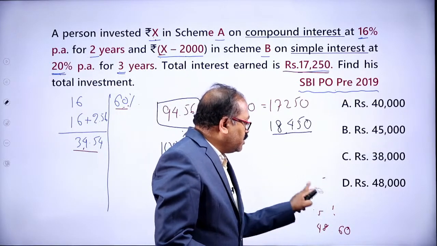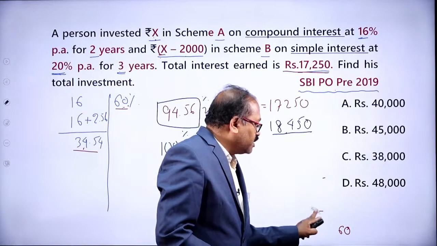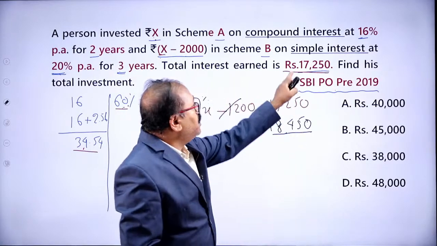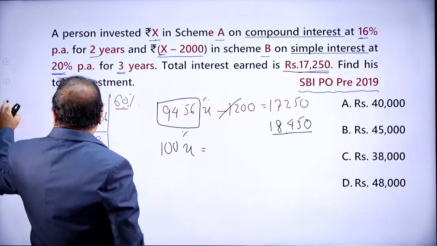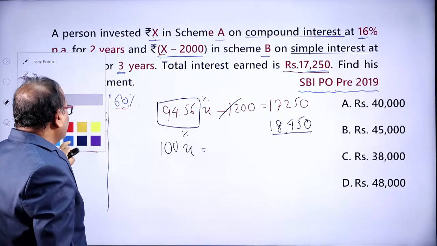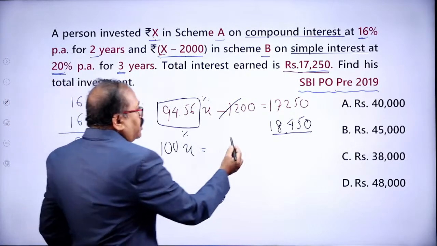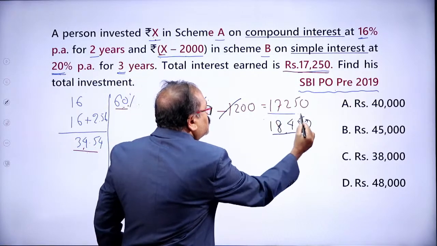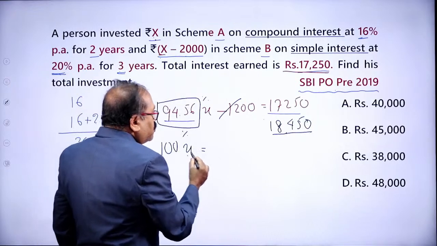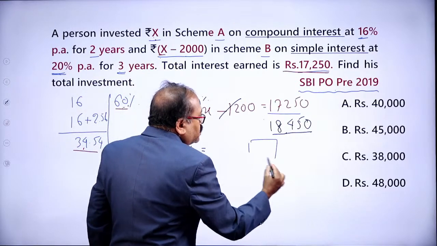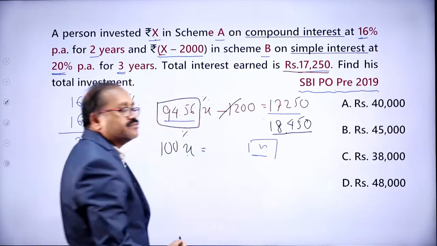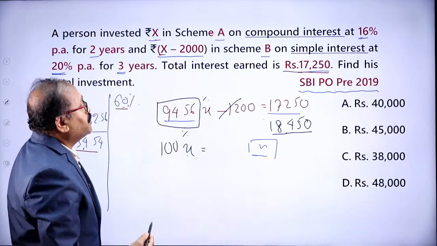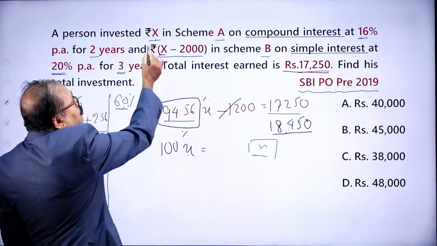So once I get the 100% and the x value by cancelling this, I think there is a small error in typing here which I did not check before coming to the class, because someone else types this. So once I get this part, this percentage is equal to this much, then what is 100% of x? Then I will get the x value. Let's take that this is n. So you are asked to find out what is the total investment?